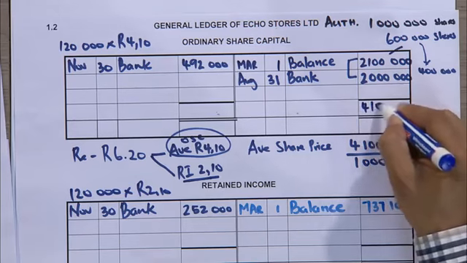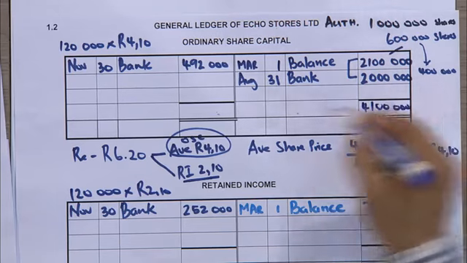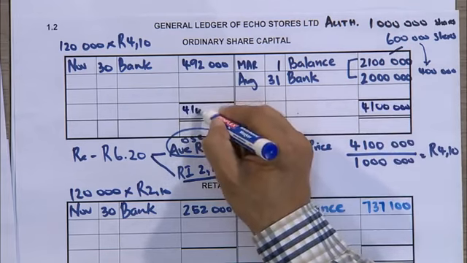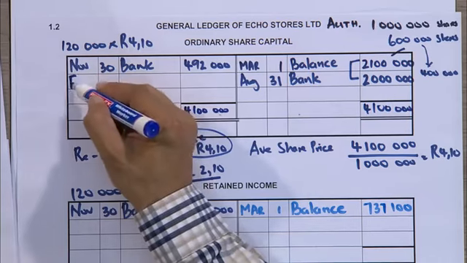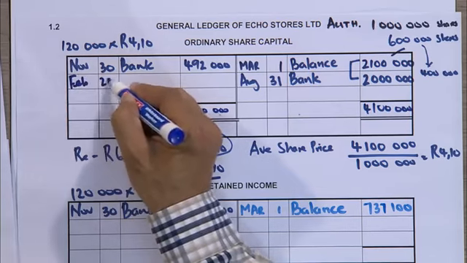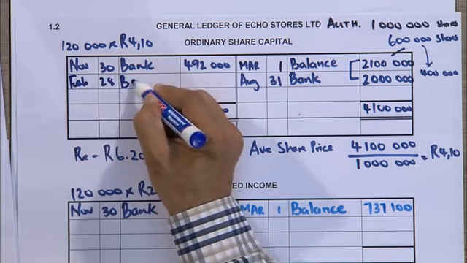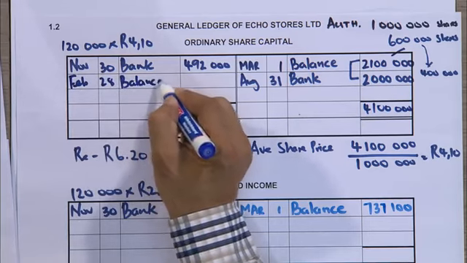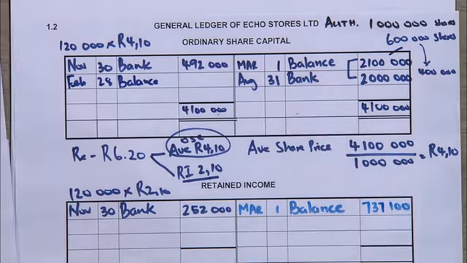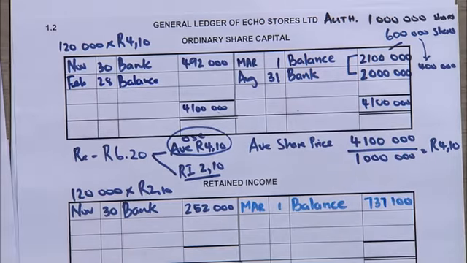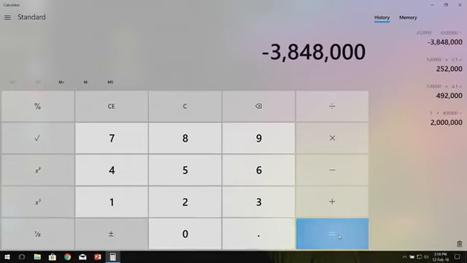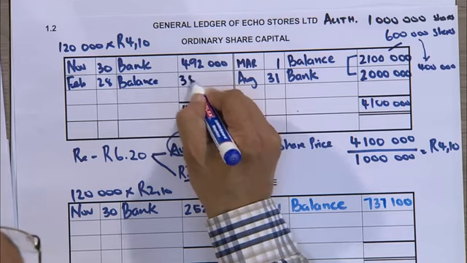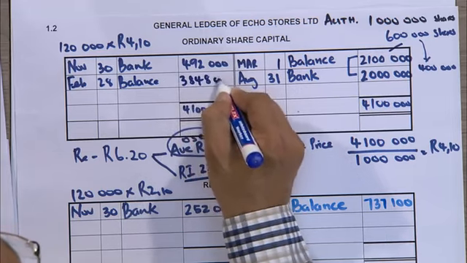So if we total this, it's 4.1 million. So remember that we are balancing at the end of the financial year. Right, so that will just be 4.1 million minus 492,000, and that balance will be 3,848,000.